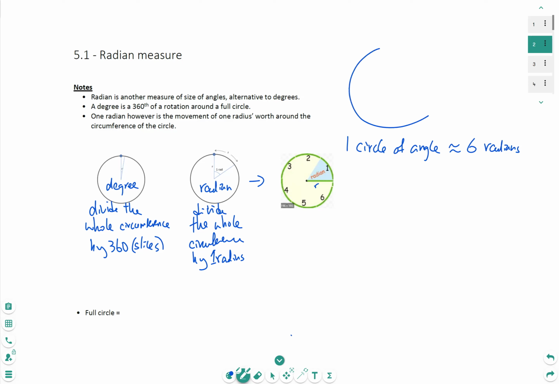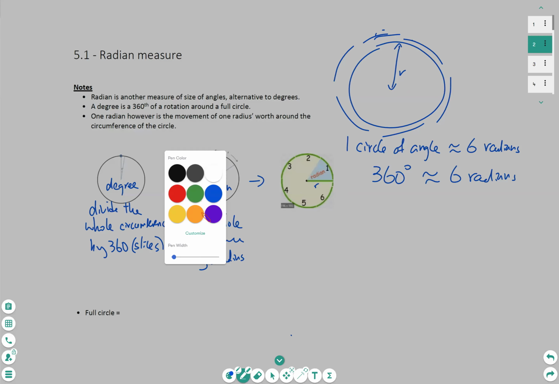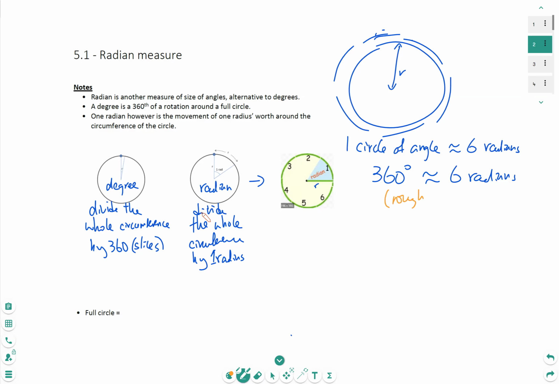If you have a bigger circle, that's a radius, and if you divide the whole circumference by the radius, imagine that length: 1, 2, 3, 4, 5, 6. That's very rough. I know they're not very consistent, but to show you, it's roughly 6 radians, not exactly 6. That's why we're doing a bit of experimental investigation here. In degrees, 360 degrees is roughly 6 radians, but this is only a rough estimate. It's not accurate at all.